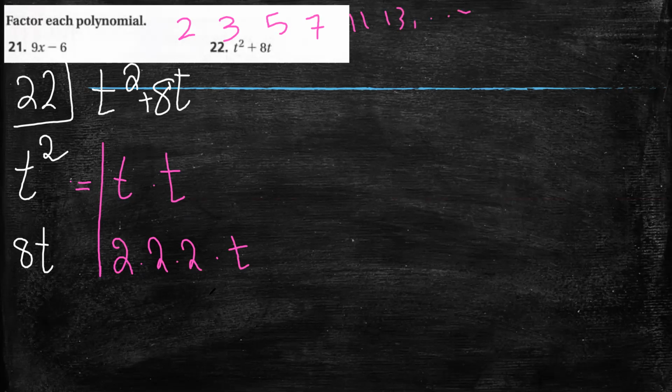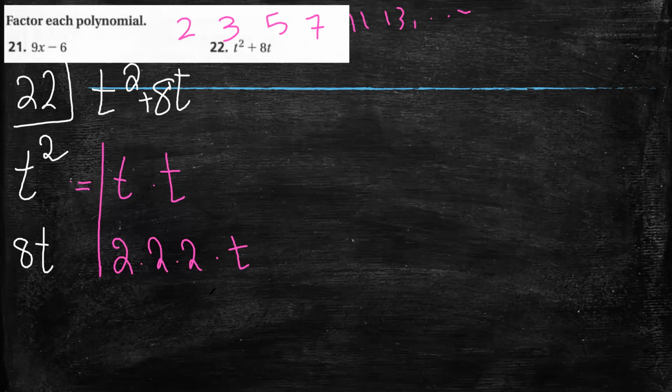If I ask you to factorize it, I asked you now to write it as prime numbers. Give me prime numbers that if you multiply them, you get 8. It's 2 times 2 times 2. And then how many t we have? We have 1 t. Is it right?